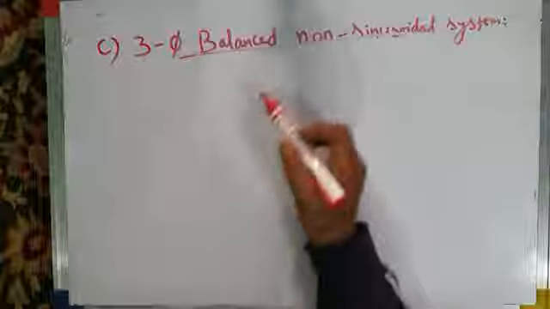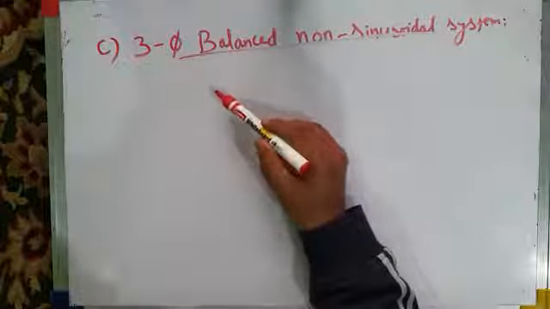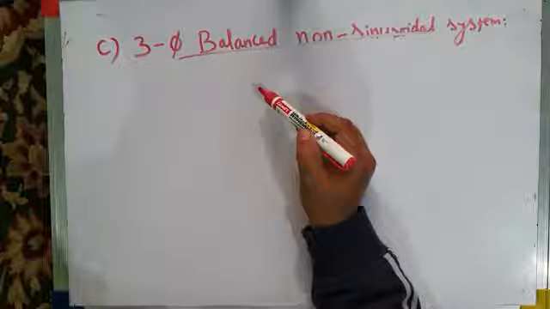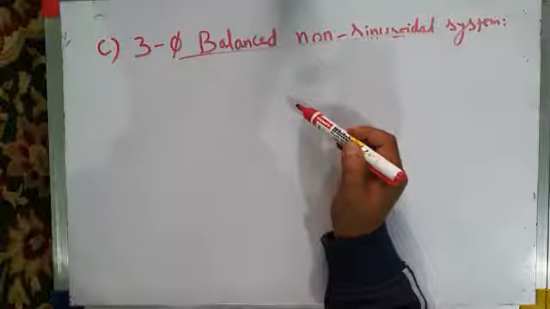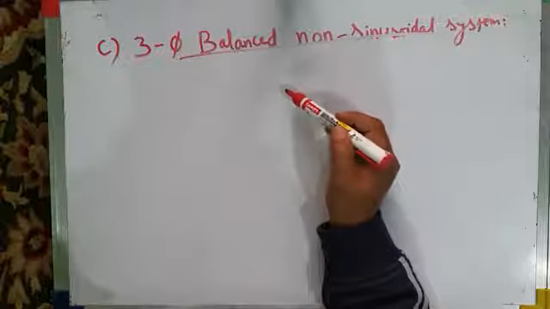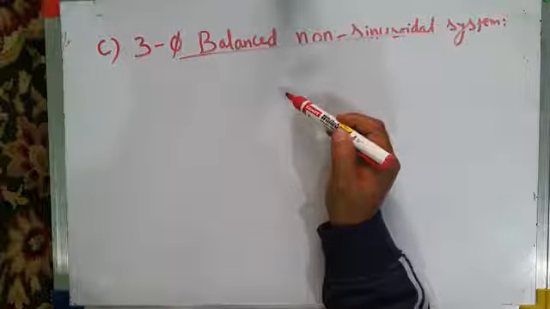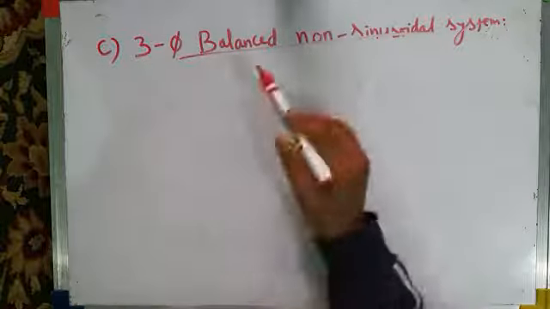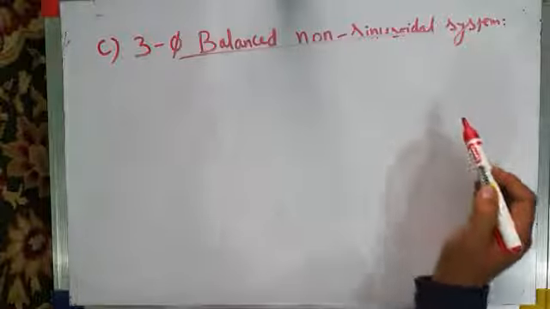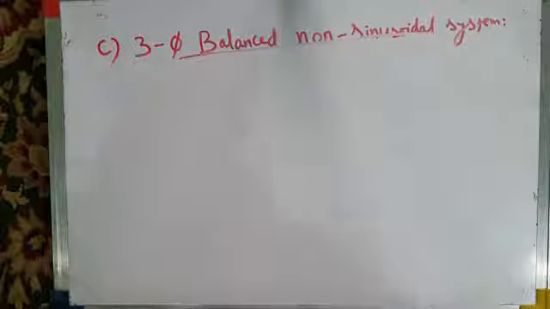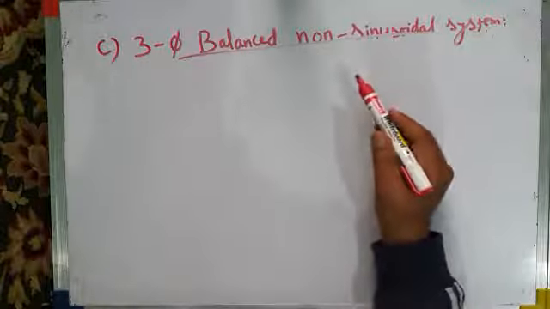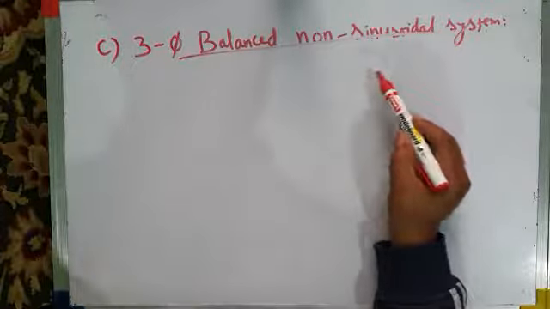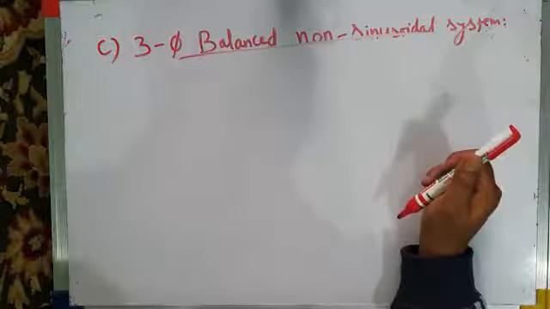So this may be a typical case where the three-phase source voltages are non-sinusoidal, distorted, and the line currents are also distorted, maybe because of distortion in the phase voltages, or because of distortion in phase voltages as well as because of a non-linear load which is connected to the system. Let us assume that we have a three-phase system where, in addition to three-phase load, we have single-phase loads also.